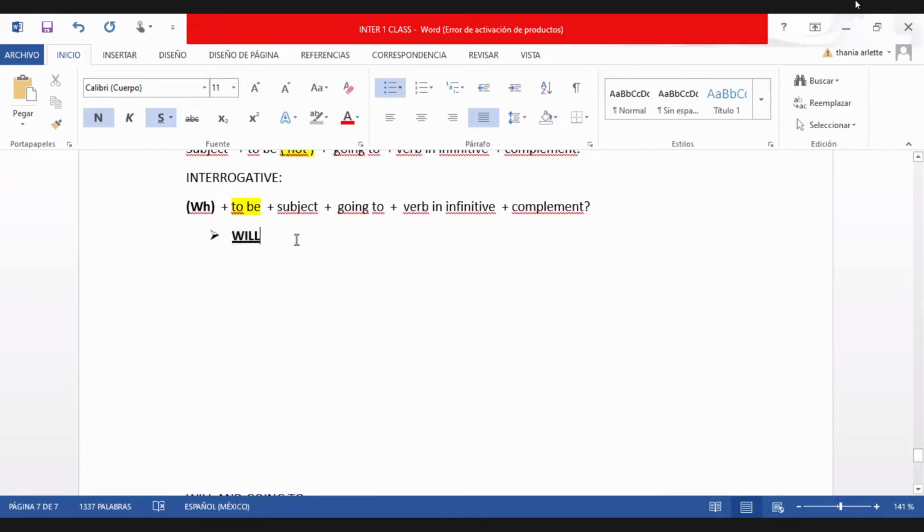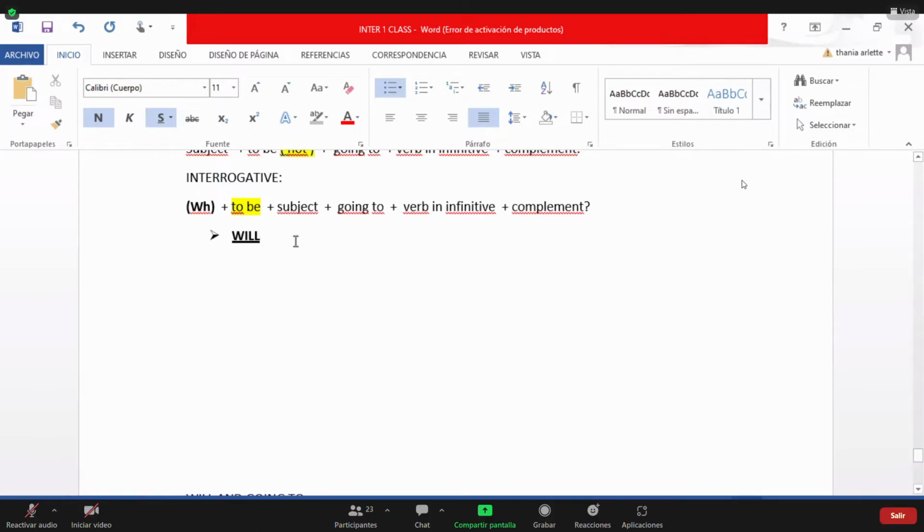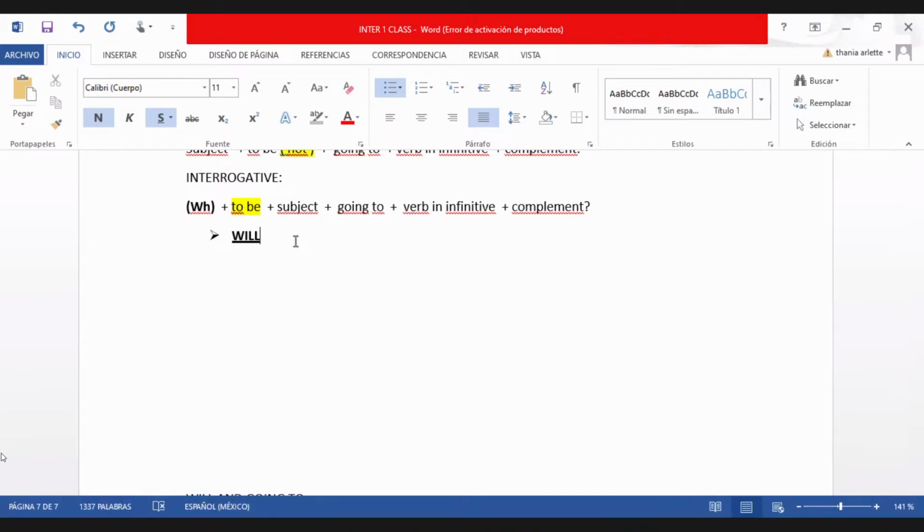Yeah? Do you remember in the last unit, we checked modal auxiliaries? What modals did we check in unit 3 to give advice? What words do you use to give advice?